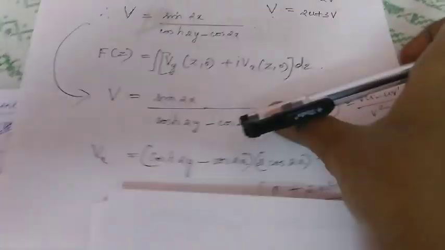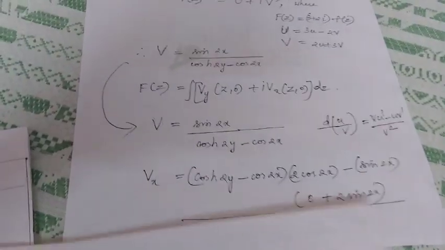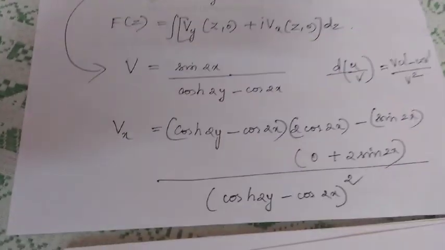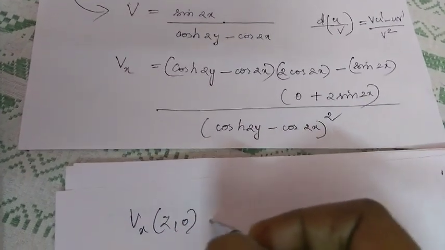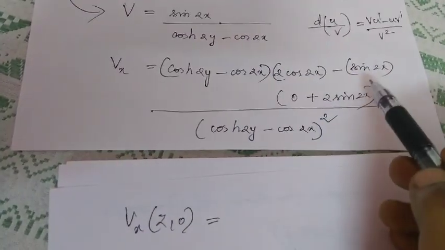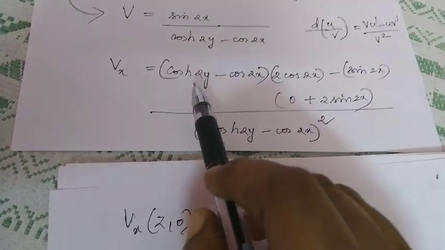And now let us find your Vx of z comma 0. That's the formula here. So we have to find out Vx of z comma 0. That's equal to, here you substitute your x as z and y as 0.